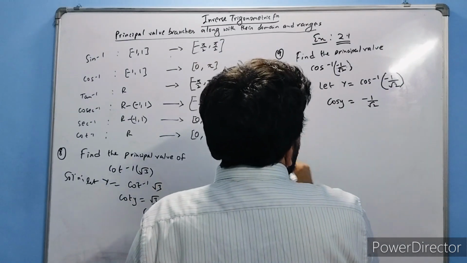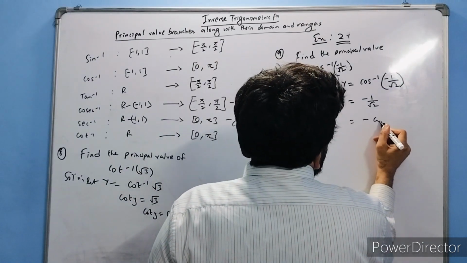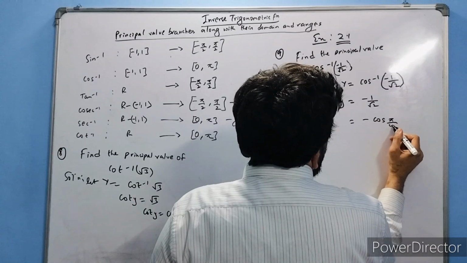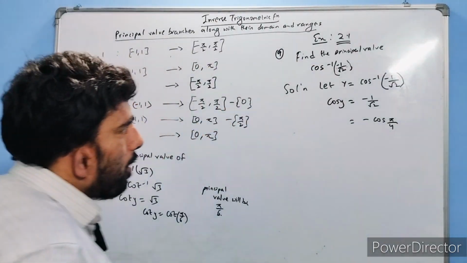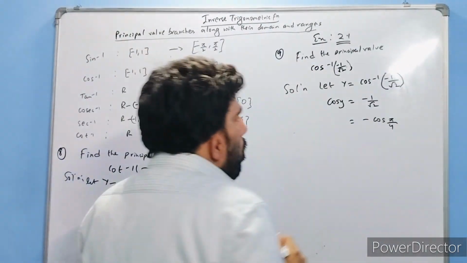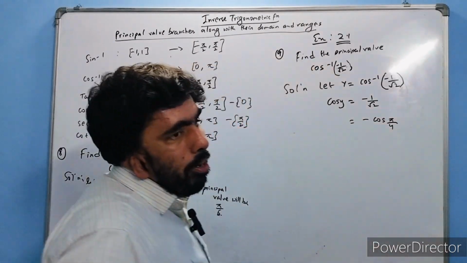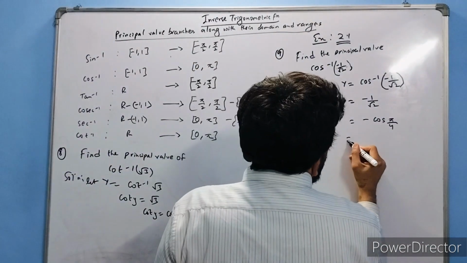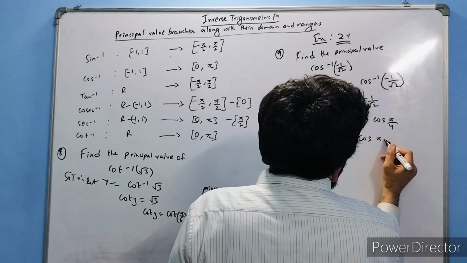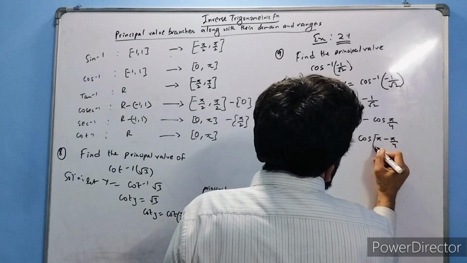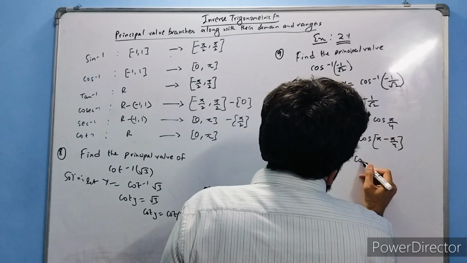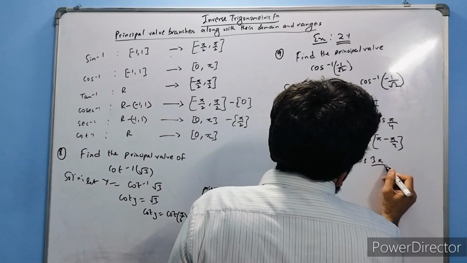Now I can write this as minus cos pi upon 4. We know that cos is negative in the second quadrant, so we can write cos of pi minus pi by 4. So we can say cos 3 pi by 4.